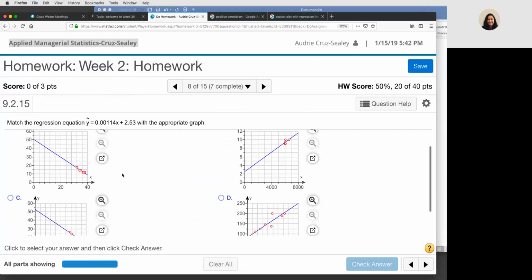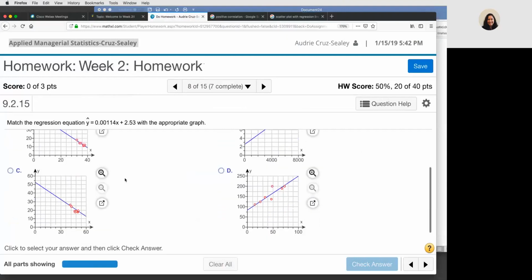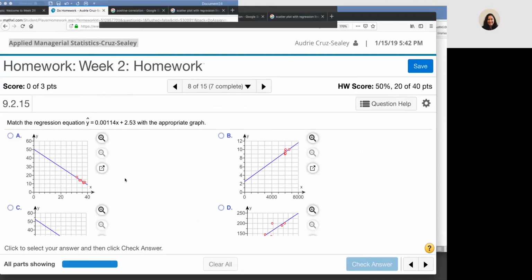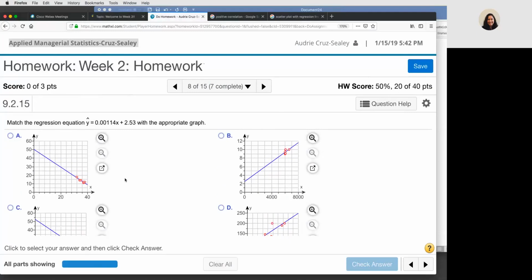So I want you to look at the 4 pictures. Okay? A, B, C, and D. Which ones can we cancel out from the get-go? I'm not even doing math. I'm just looking. Which of those 4 graphs do we know is not the answer? A. Can you explain why?